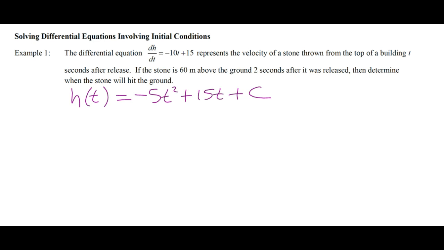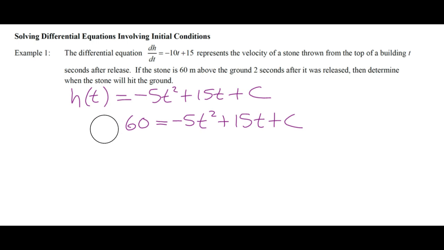What do we know then? h of 2 is 60, which is negative 5t squared plus 15t plus c.